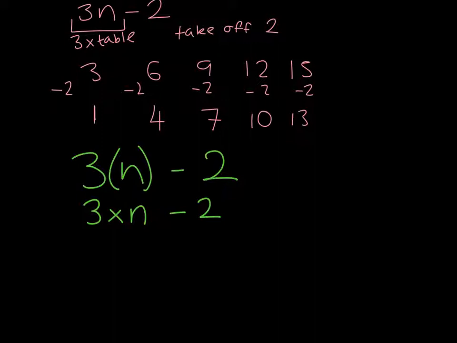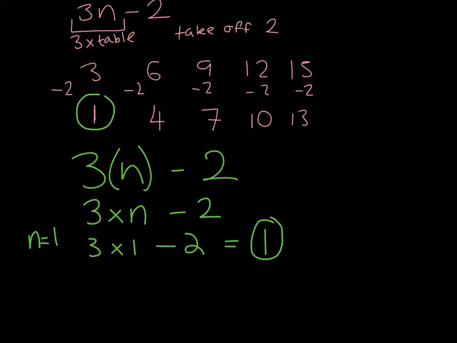Now to generate the first 5 terms, n just keeps changing. So to get the first term, n is 1, so that's 3 times 1 and then take off 2. So 3 times 1 is 3, take off 2 is 1.